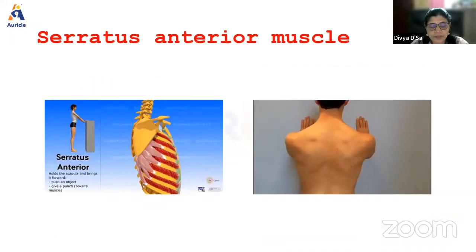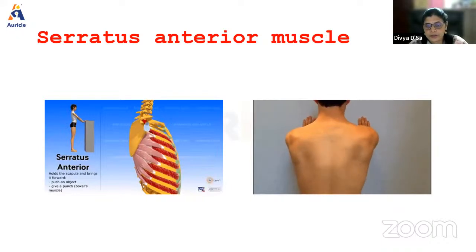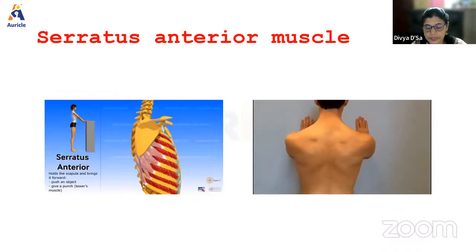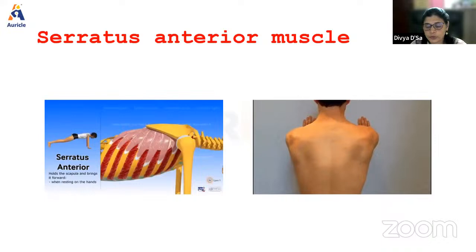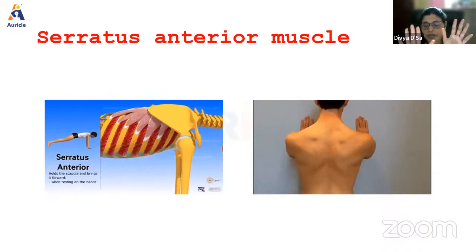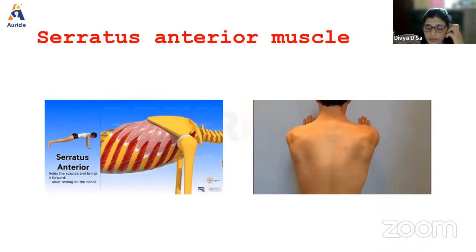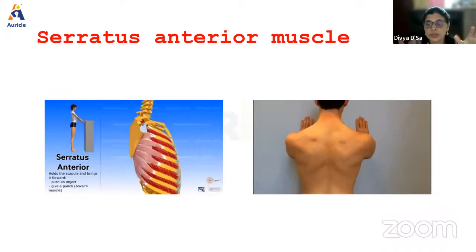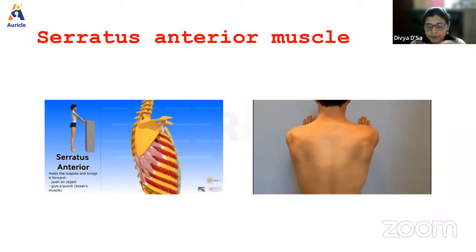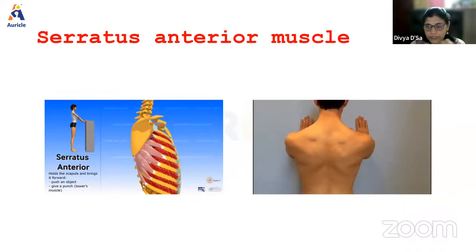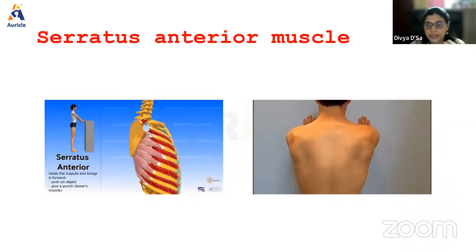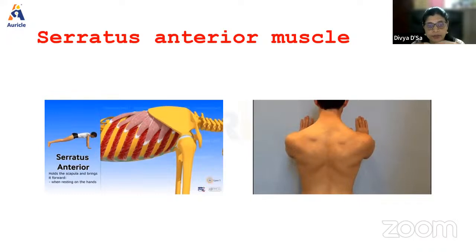Basically the serratus anterior acts during pushing movements, pushing or climbing, which is why that muscle is also called the climbing muscle. It helps in pulling the scapula forward.